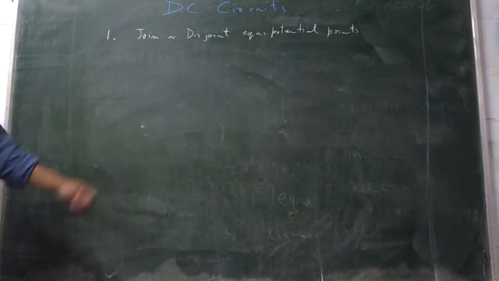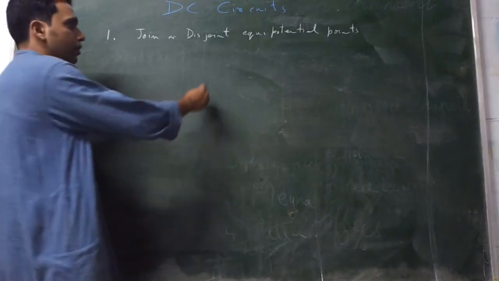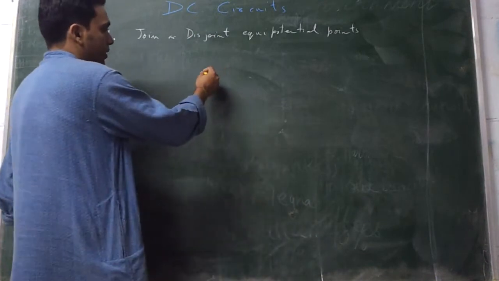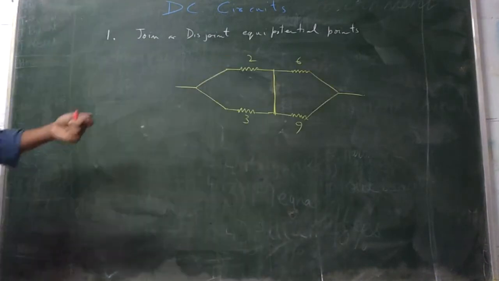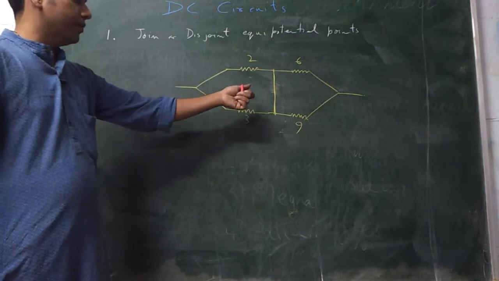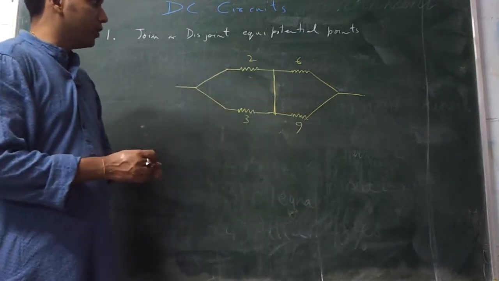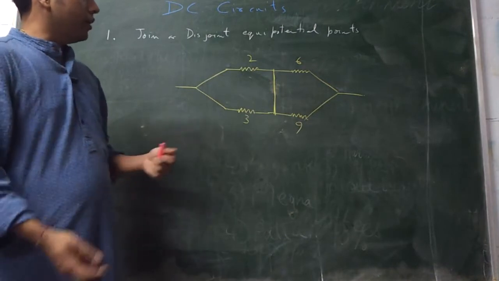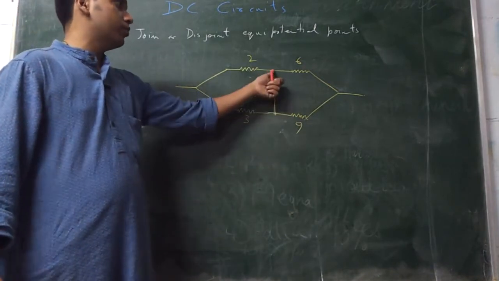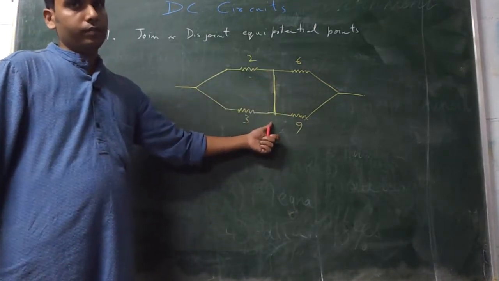Now you may disjoin also, you may join also, like say in a Wheatstone bridge. Suppose there is a situation, 2 by 6 is equal to 3 by 9, I am not going to do the Wheatstone bridge again. Hence we know that no current is going to flow over here, because this potential is equal to that potential.